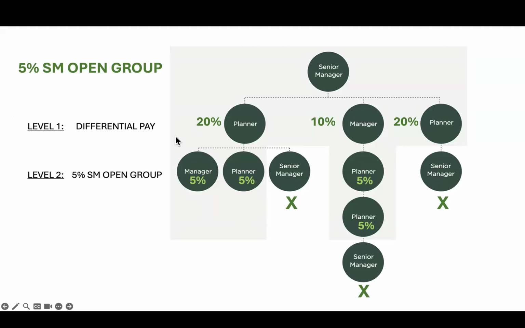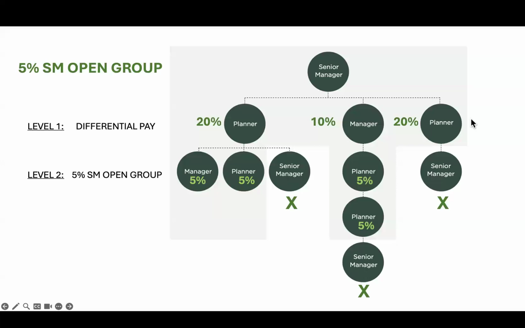Okay. So your level one is the same as manager, where you do the differential pay. Senior manager is 30, planner is 10, so you take 20. Senior manager is 30, manager takes 20, so the difference you make is 10%. A planner takes 10%, a senior manager makes 30%. So the difference I make on whatever he buys and sells, I take 20% off of him. Now, when there is a senior manager below me, not in my front line, but below my level one, I will not be compensated on these senior managers.